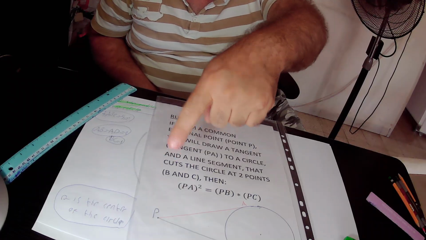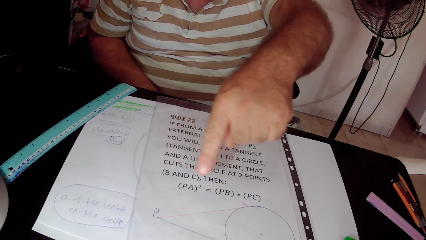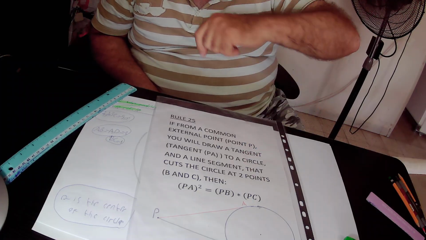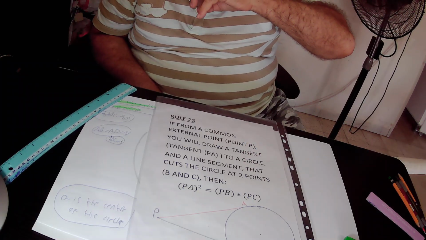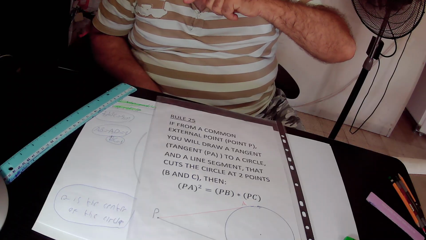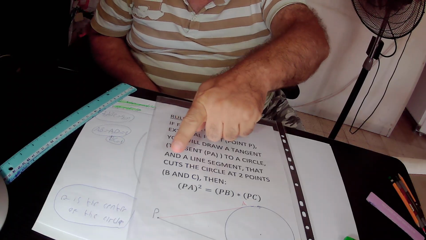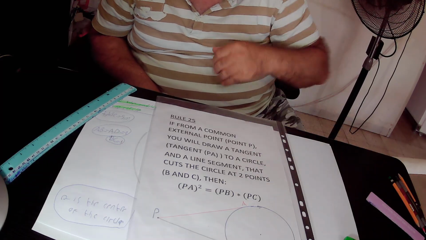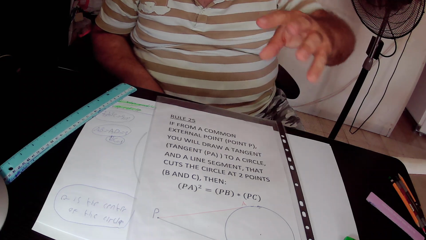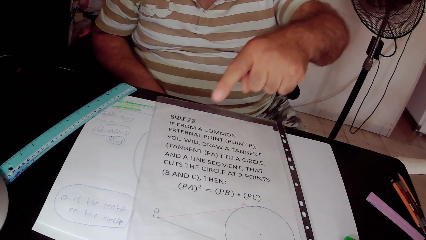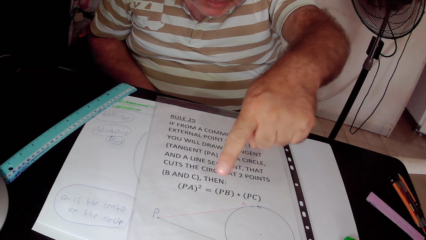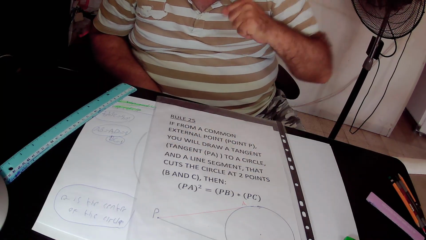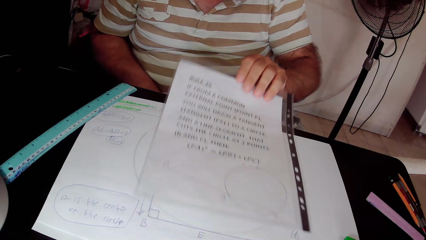We have tangent PA from the common start point, point P, that is tangent to this circle at point A. In addition, from the same common start point P, we have secant PC that cuts the circle at two points, B and C. So in this drawing, the following equation is true: PA squared equals PB times PC. Again, PA squared equals PB times PC.